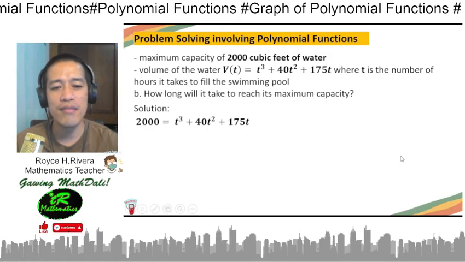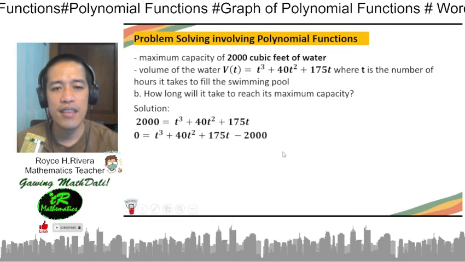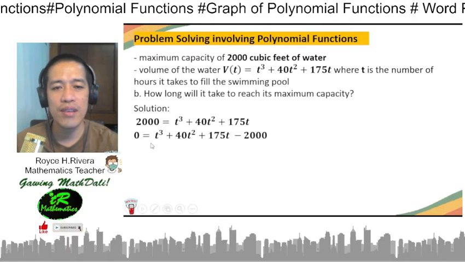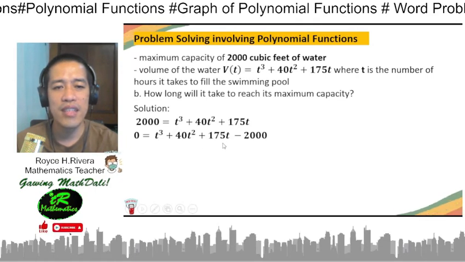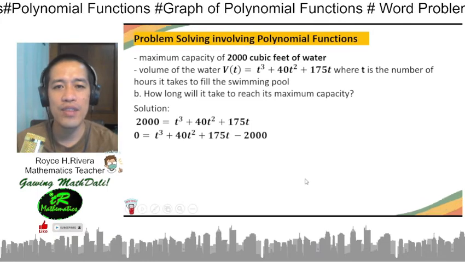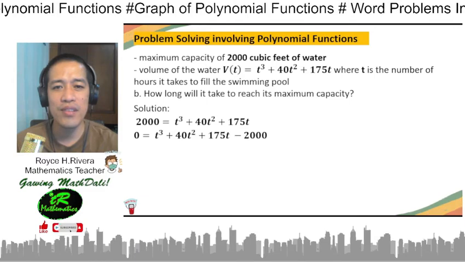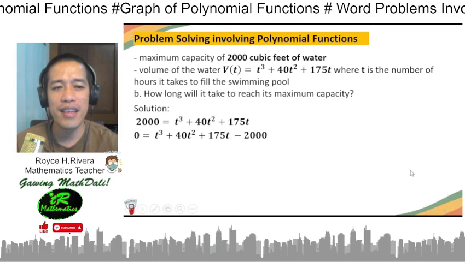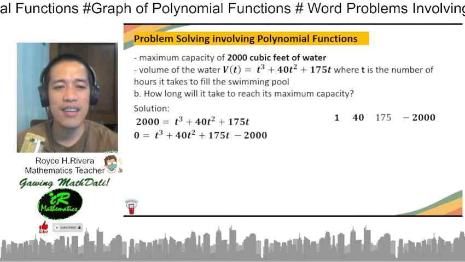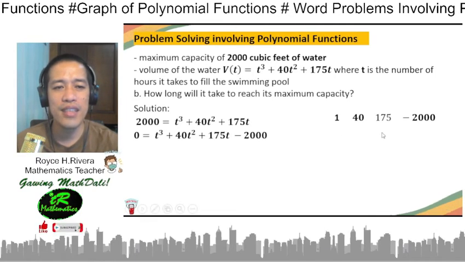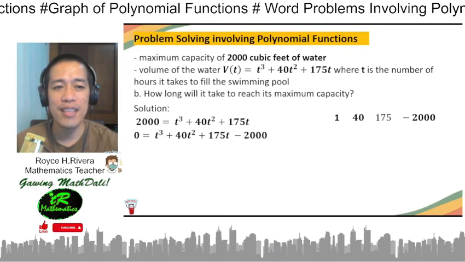Adding the additive inverse to both sides, we have the equation 0 equals t raised to 3 plus 40t squared plus 175t minus 2,000. Now we are ready to compute for the rational roots of the resulting polynomial equation. So by synthetic division, the coefficients are 1, 40, 175, and negative 2,000 respectively.